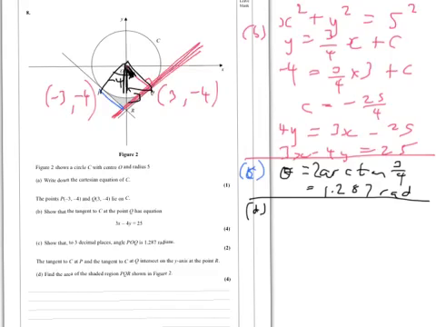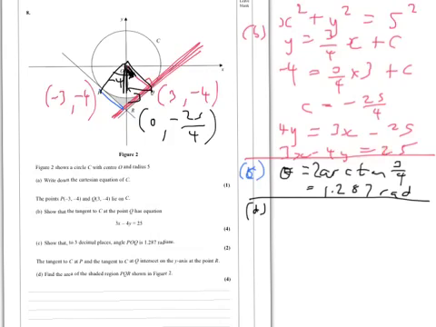So we need to find what R is. Now we've already found the equation of the straight line here. So when x is 0, we get y equals minus 25/4. So R is 0 comma minus 25/4. That's by substituting x equals 0 into this and doing a bit of rearranging.